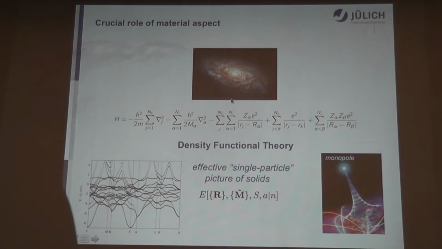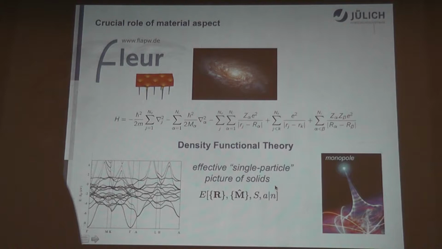And what we do, we use the so-called density functional theory, which is an effective single particle theory, which reduces everything from the many-body wave functions to the charge density of occupied states, which is just a three-dimensional vector in real space. Now, to deal with this density functional theory, there are a lot of methods how you can approach it from this point or from that point.